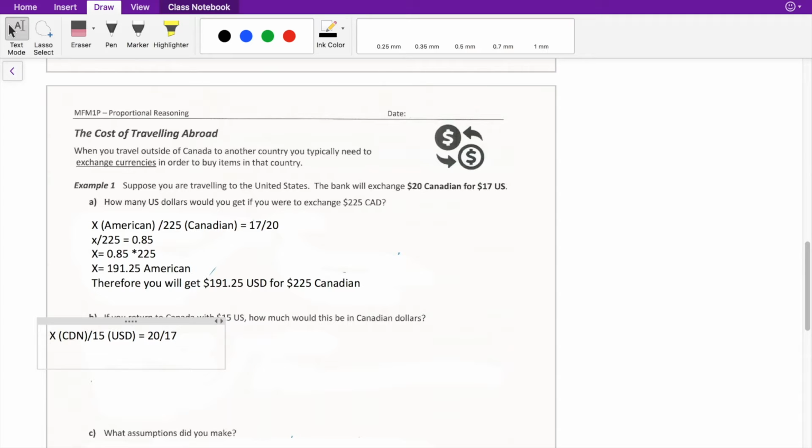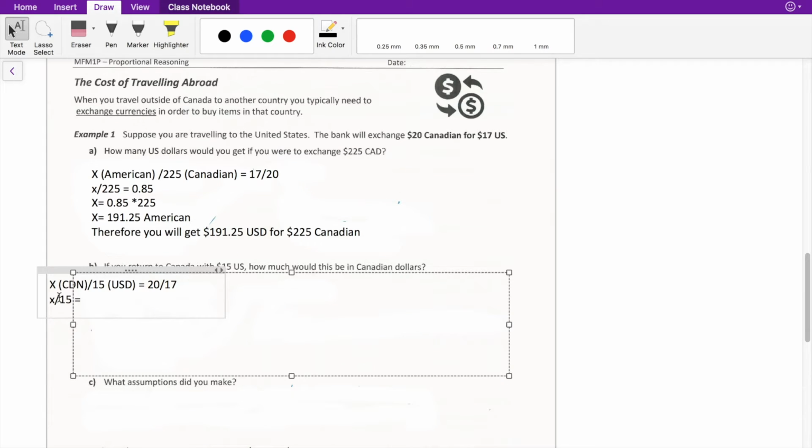And we started off by dividing. So 20 divided by 17, as I do the calculation on the other side of my computer, is 1.18. Now we have to isolate that x. So we have x divided by 15 right now.